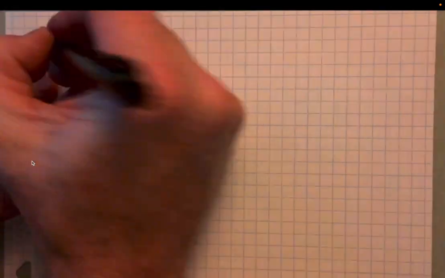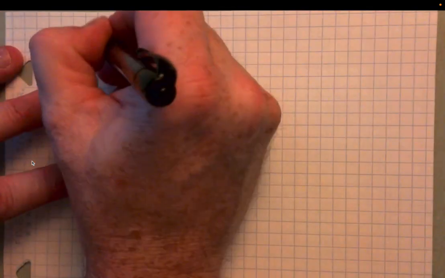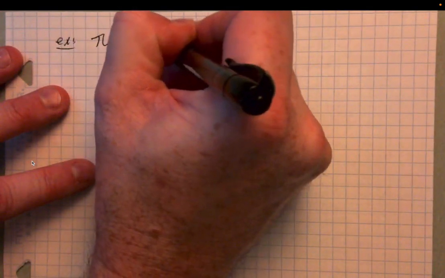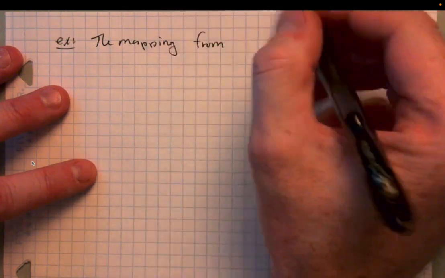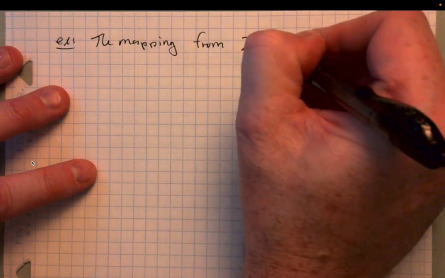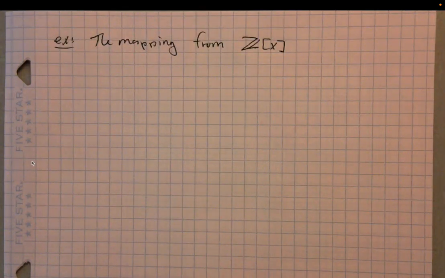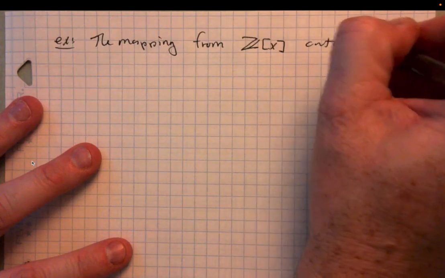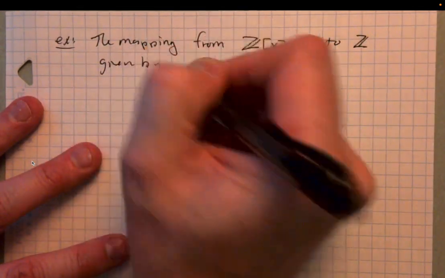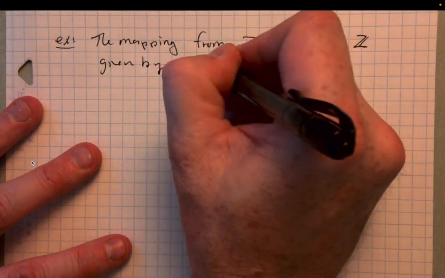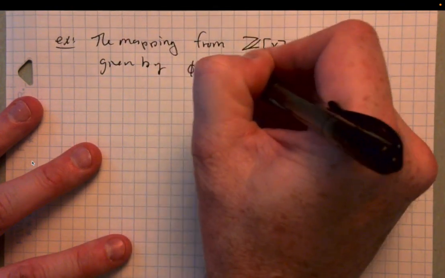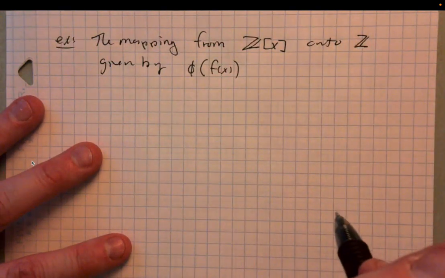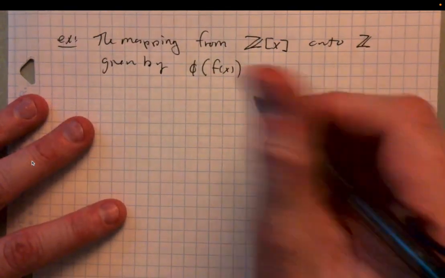Okay, so let's see an example. The mapping from Z[x], and what is this? This is the set of all polynomials with integer coefficients. The mapping from Z[x] onto Z that's given by phi of whatever f(x) happens to be. f(x) is in Z[x], of course, an integer polynomial.